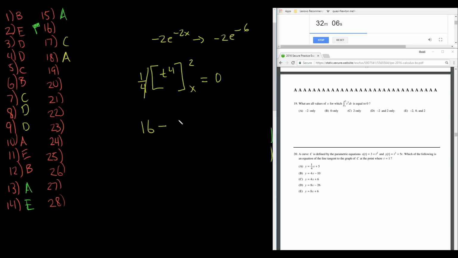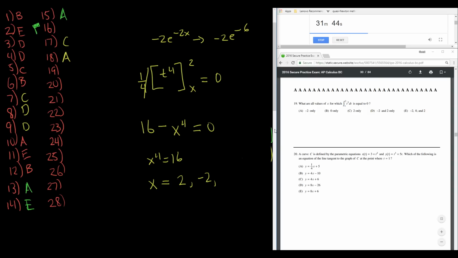Yeah, 16, minus x to the fourth equals 0, which is the same as saying x to the fourth equals 16, which is the same as saying x equals 2, negative 2, and 2 complex numbers also. But it's good enough for us, because negative 2 to the fourth, negative 8, 16, correct, okay. So D, negative 2 and 2 only.